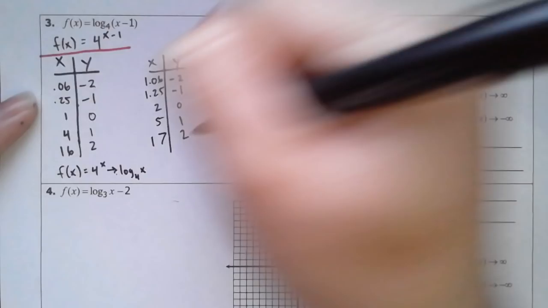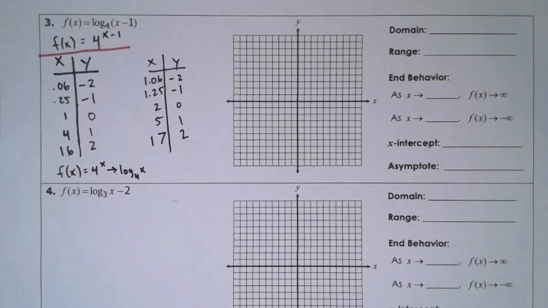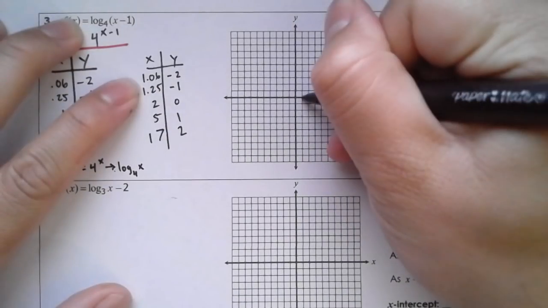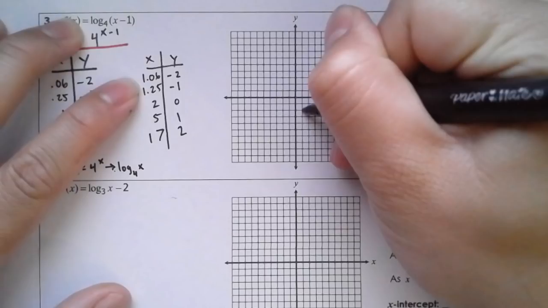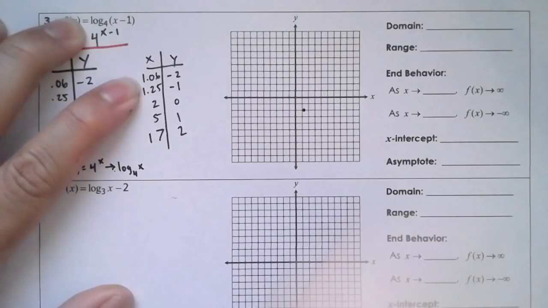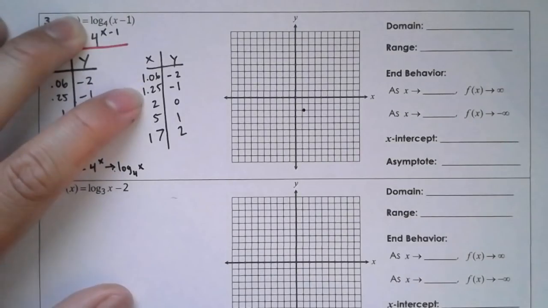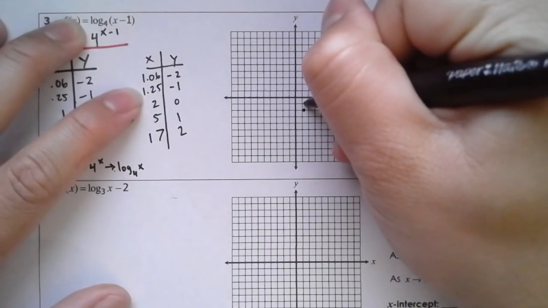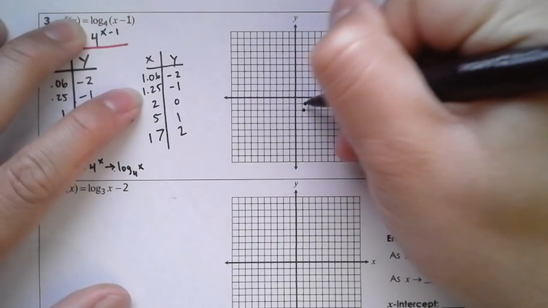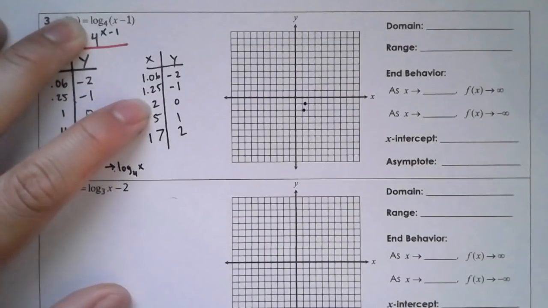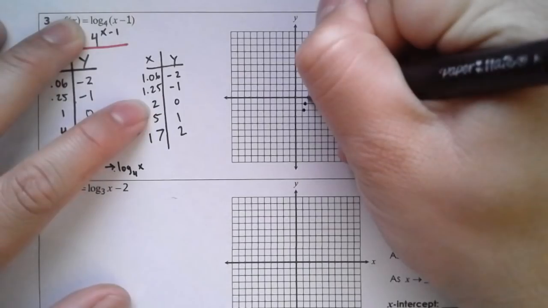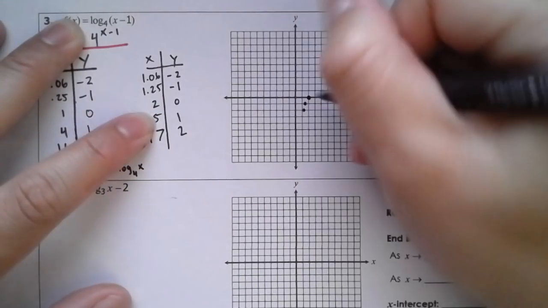So then plot these points now. So 1.06 is -2, so approximately right there. 1.25 is -1. So just do your best to plot those points as accurately as possible. 2, 0, 5 and 1 right there, and 17 and 2.